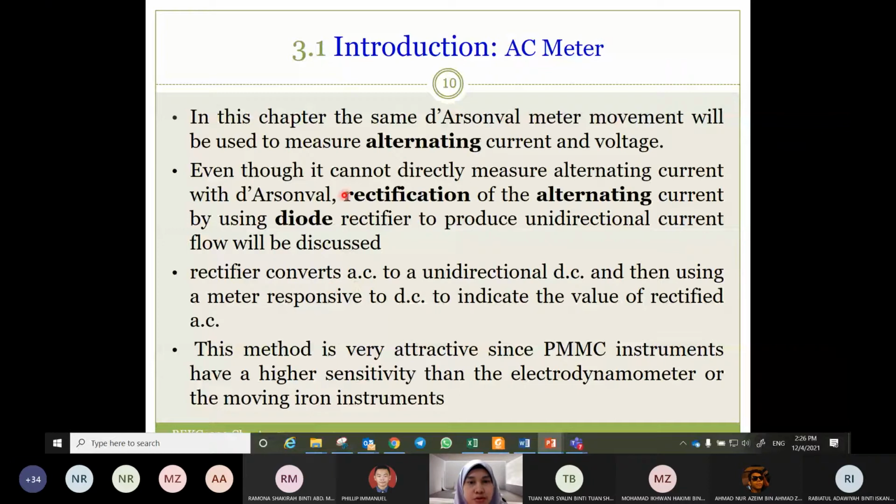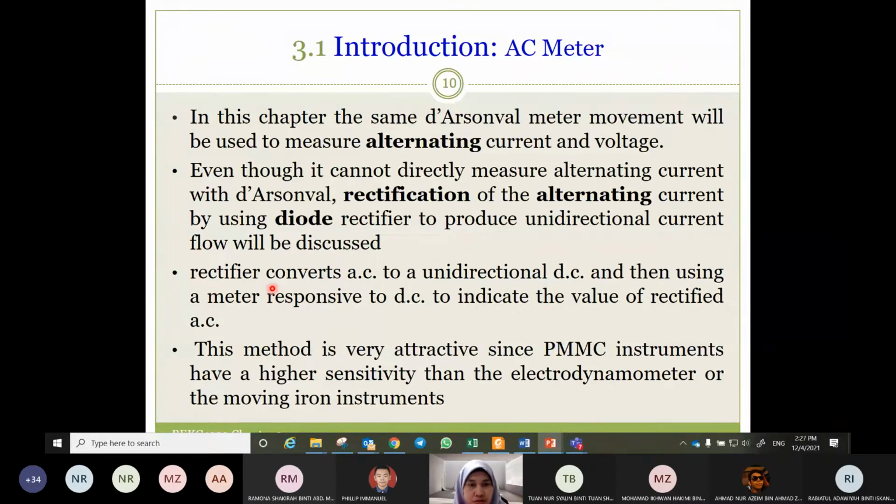So we will add rectification to the PMMC so that it can be converted into an AC meter. A rectifier converts AC to DC. The role of the rectifier is to convert the AC signal to a DC signal, and then use a meter responsive to DC to indicate the value of the rectified AC.